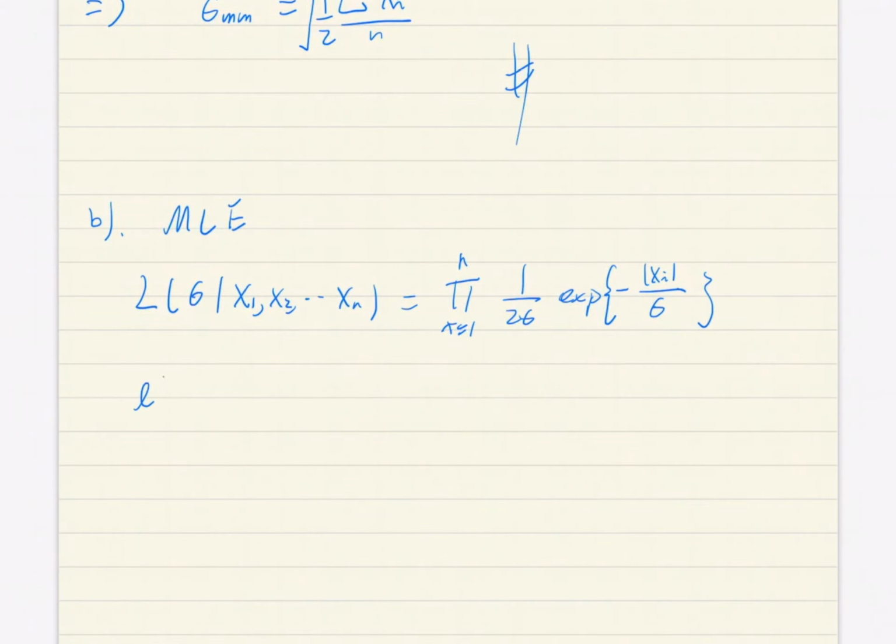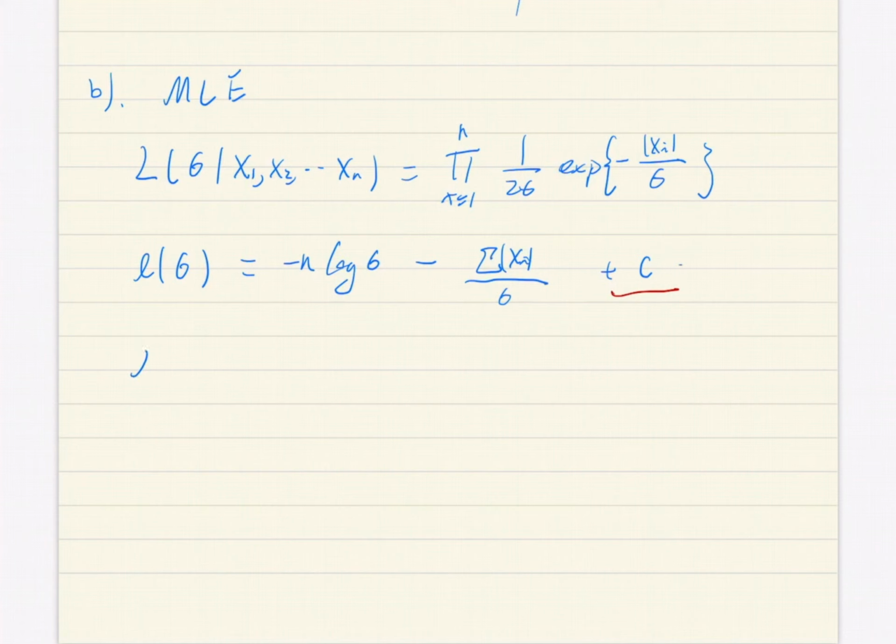Then we find the log likelihood function, which is like this: negative n log sigma minus the summation of absolute xi divided by sigma, and there is some constant. The constant is not important here because when we take the derivative, the constant cancels. So here we only care about the terms with sigma.